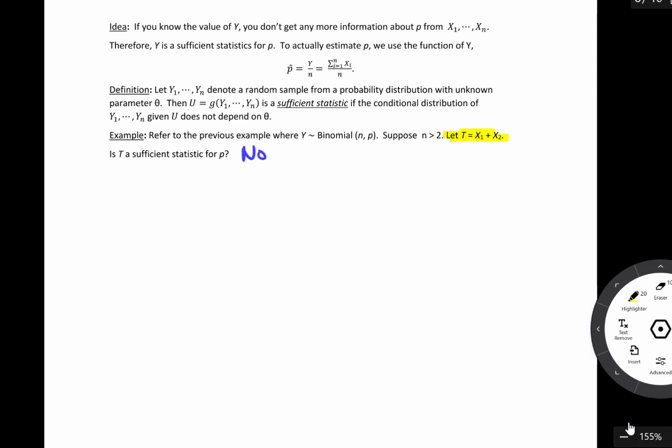So the first thing to note here is that T, my statistic, is distributed binomial in p. So we're going to consider that conditional probability.